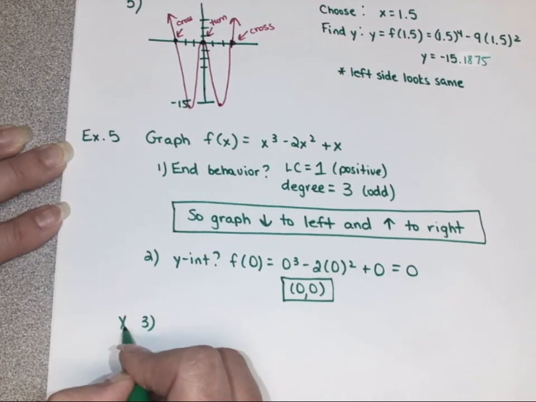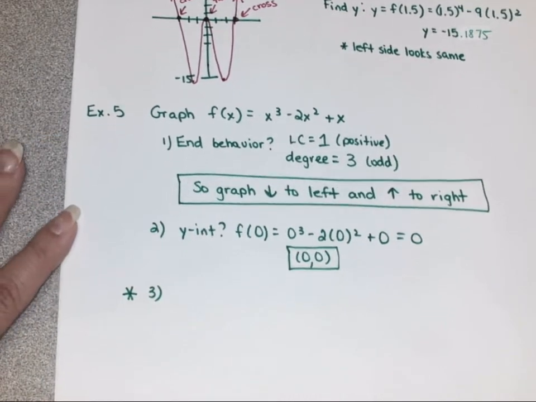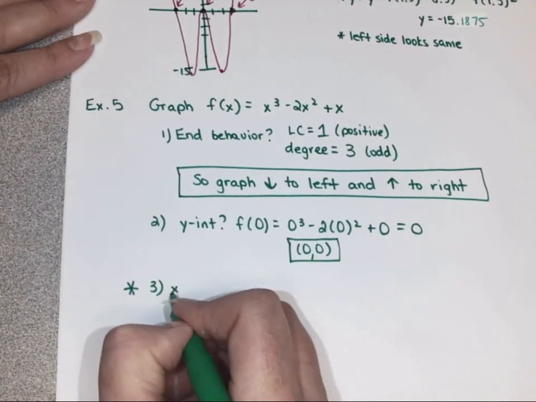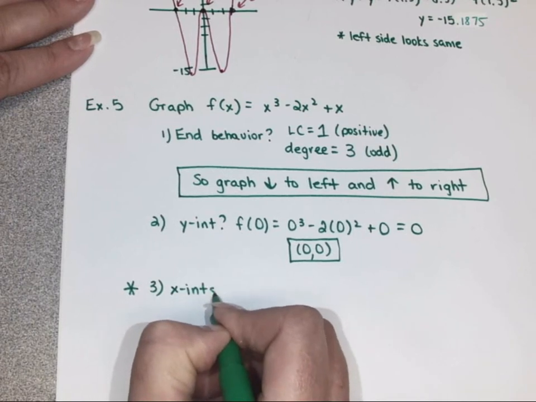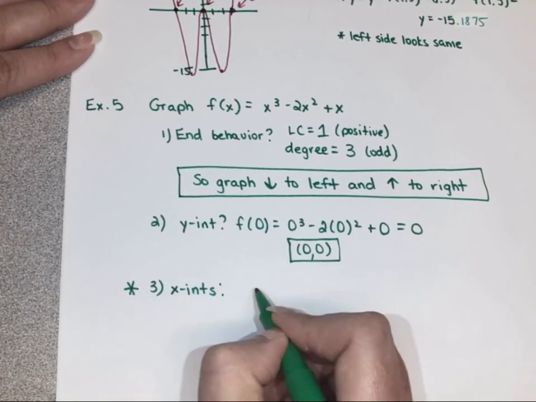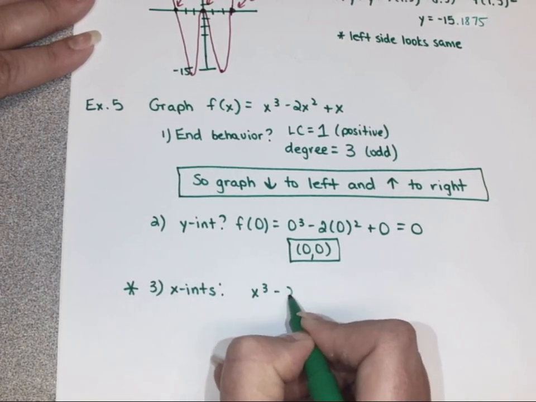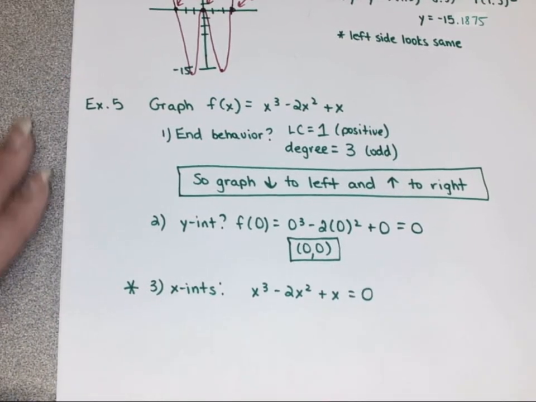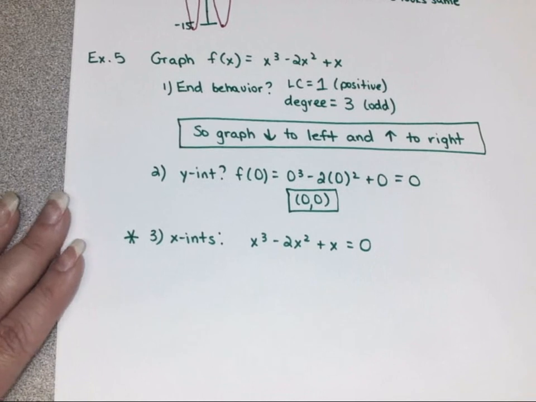So here's the step I told you to take some care with because it's going to tell us some information that is helpful to us. Okay, so I want to find the X-intercepts, right? And I'm going to do that by setting the equation equal to 0, and then seeing what I can do with it. Okay.